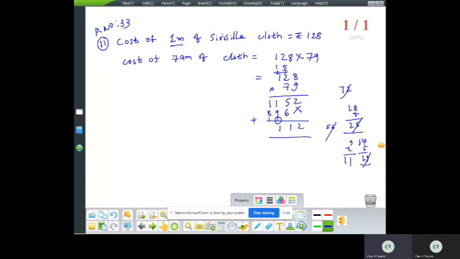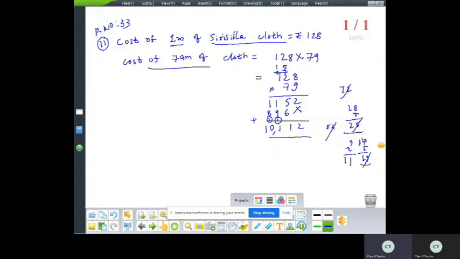Again 1 carried. 1 plus 8 is 9. 9 plus 1 is 10. Yes. The total cost of 79 meters of Sircilla cloth is 10,112. This is the cloth amount for Sircilla.